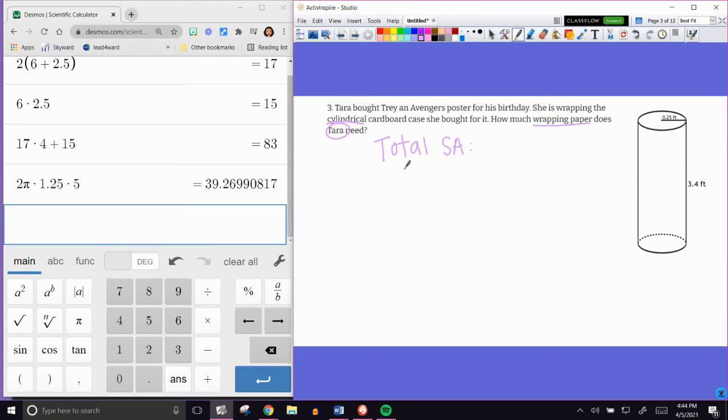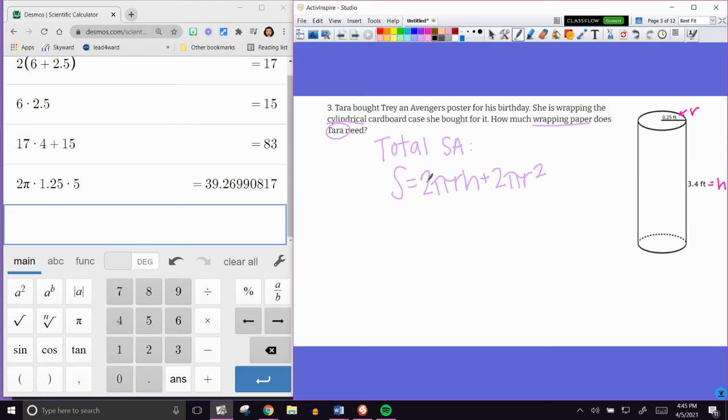My formula chart tells me that's S equals 2 pi r h plus 2 pi r squared. So if I'm looking at my picture, my radius is 25 hundredths and my height is 3.4.